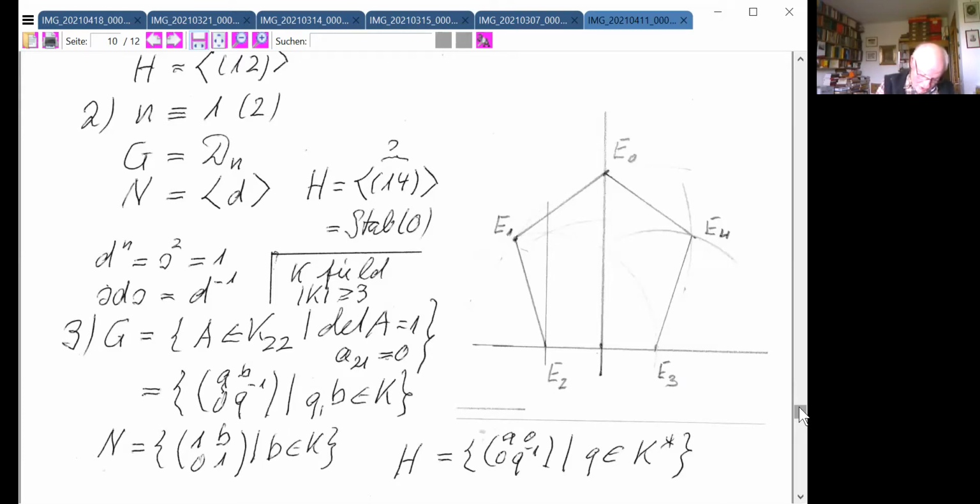They have q and q minus 1 in the main diagonal and 0 elsewhere.